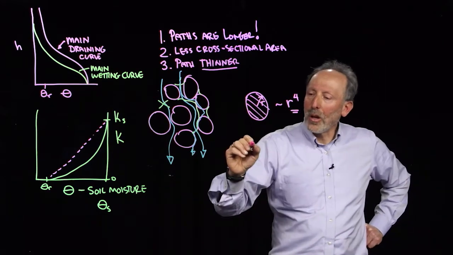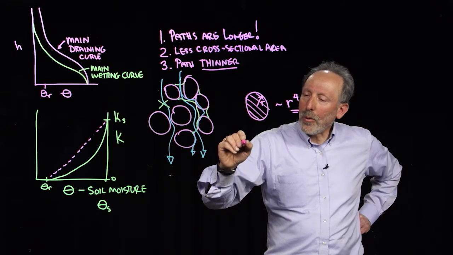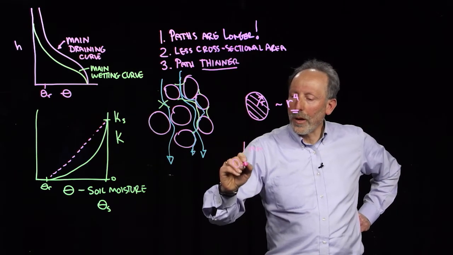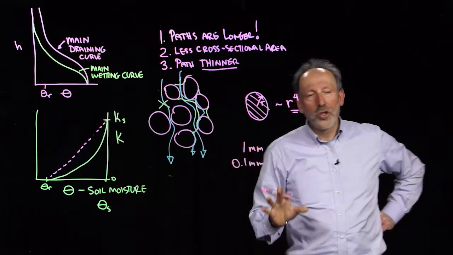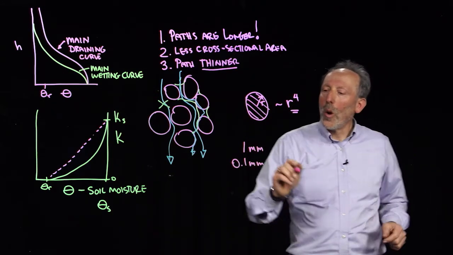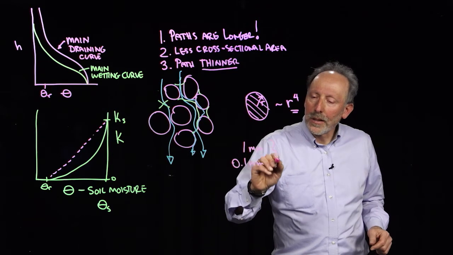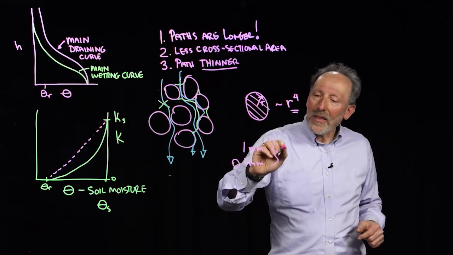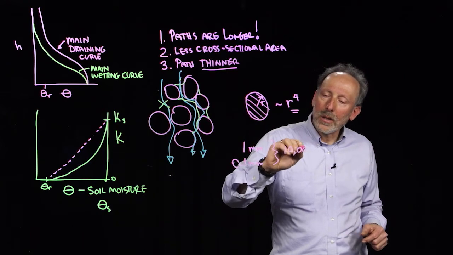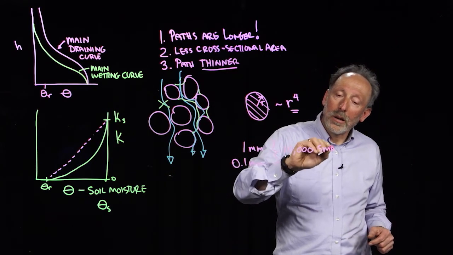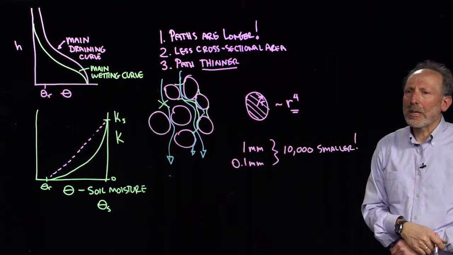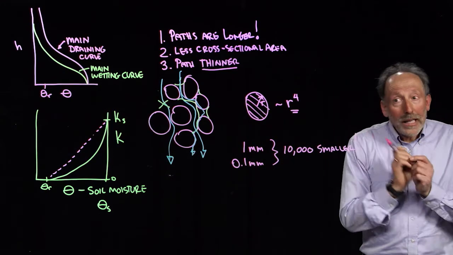So just for example, if we had a pore that went from 1 millimeter typical pore size to 0.1 millimeter, just having smaller pores, that suggests the resistance to flow through any given pore would be 10,000 times greater. 10,000 times, that's for any given pore.